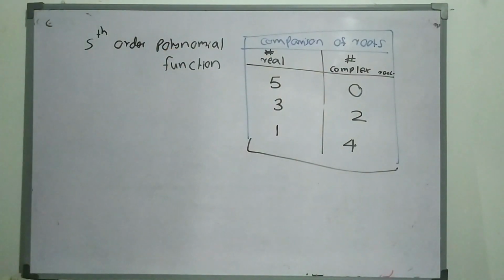Always an even number of complex roots should be there.